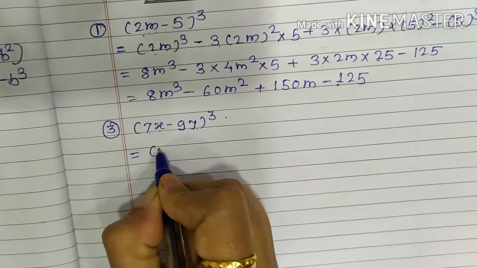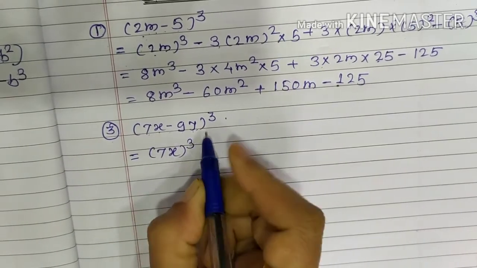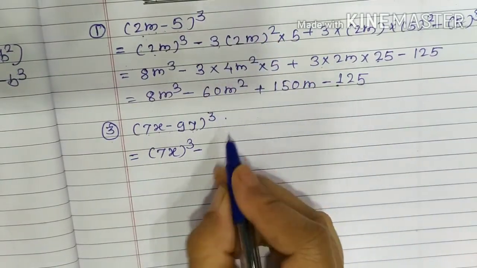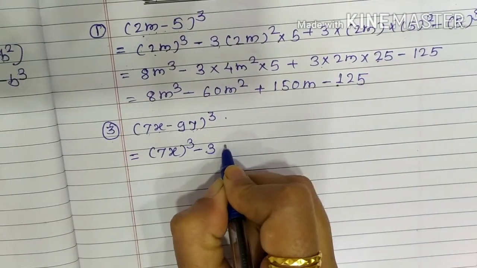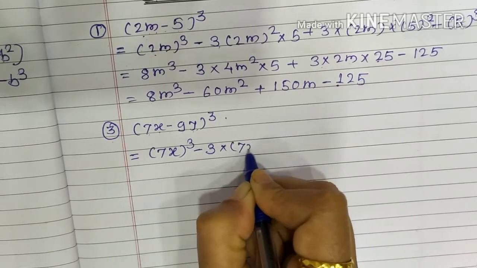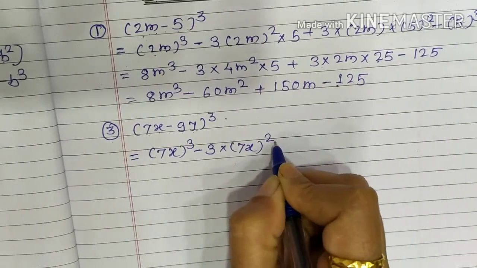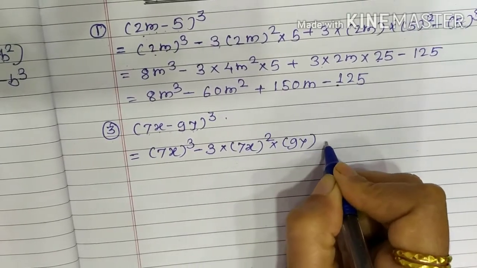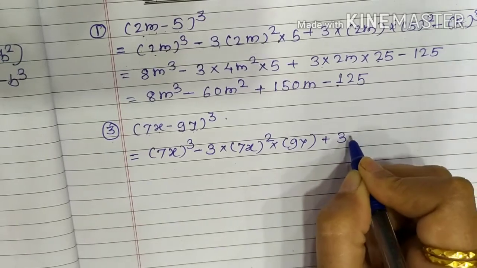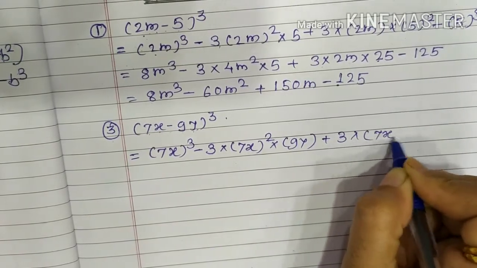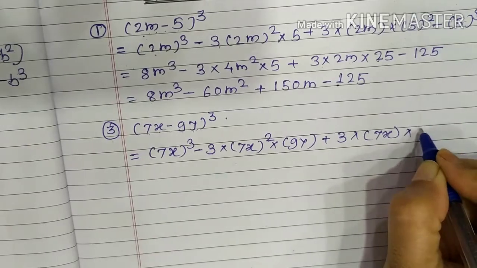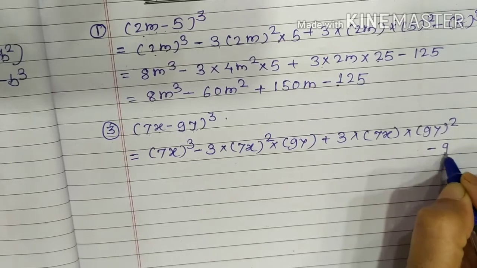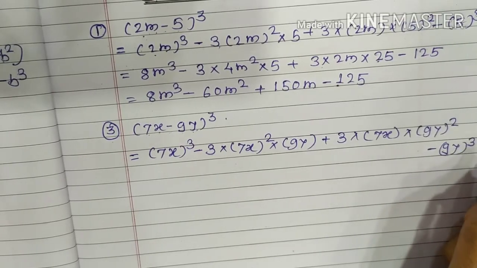First, (7x) cube minus 3 into first term (7x) square into 9y, plus 3 into first term 7x into second term (9y) square, minus (9y) cube.